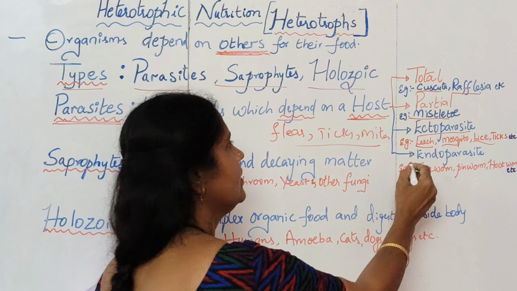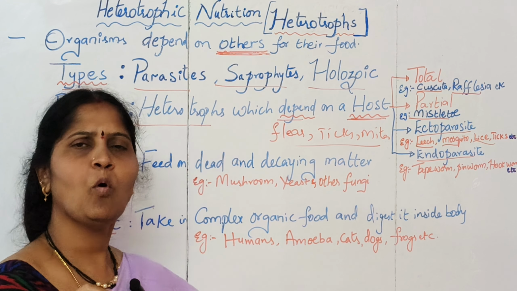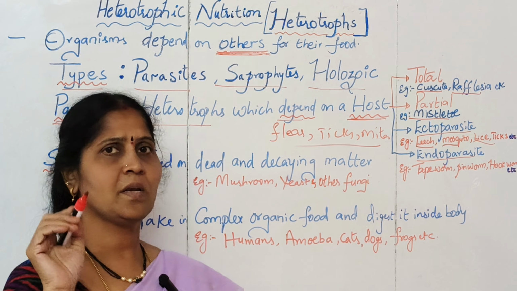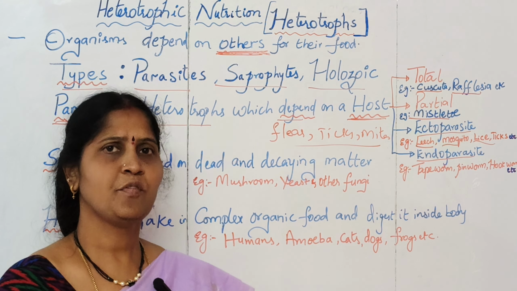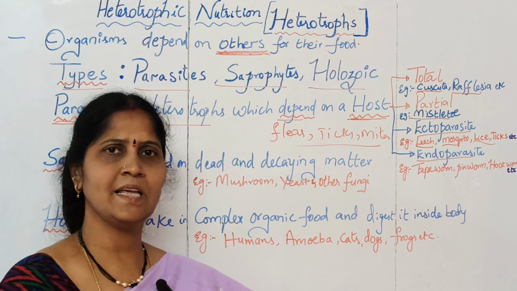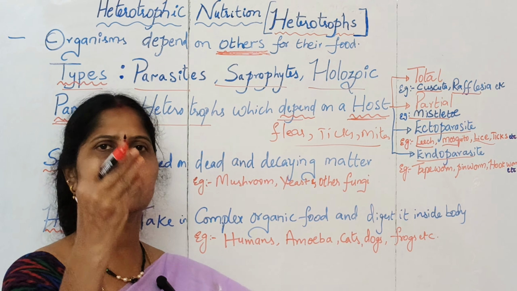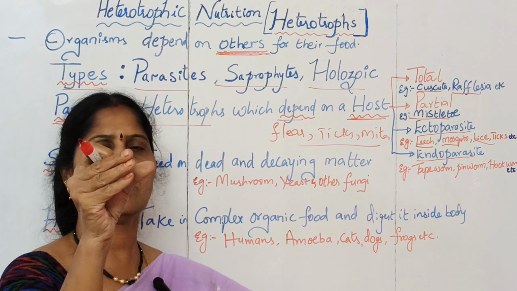Then we have another type of parasite, the endoparasite. Now what is this endoparasite? See children, if you are eating contaminated food from outside, let us suppose some pani puri, and the person's hands are not clean, they dip their hands inside the vessel containing the pani and give it to you.